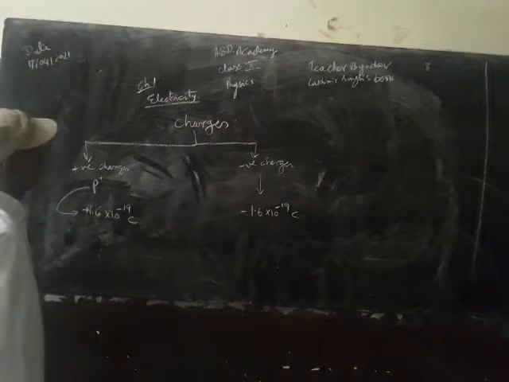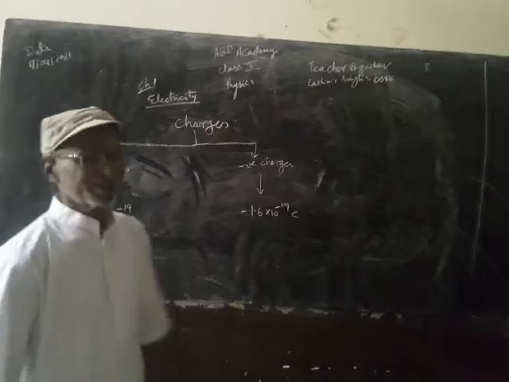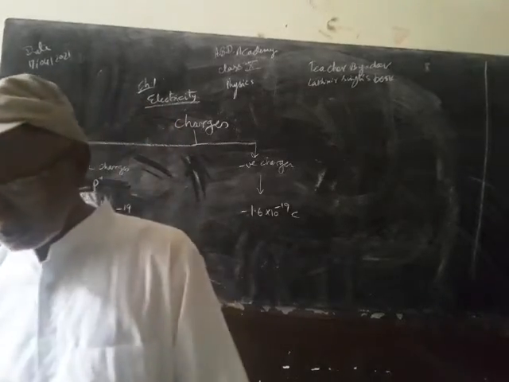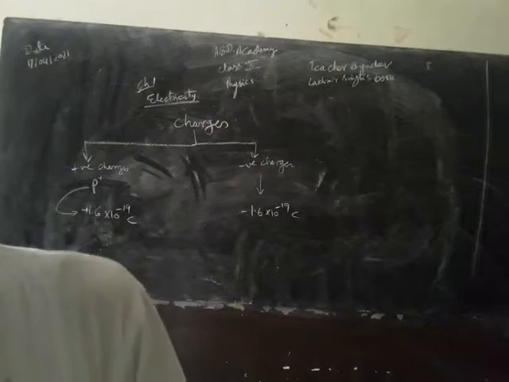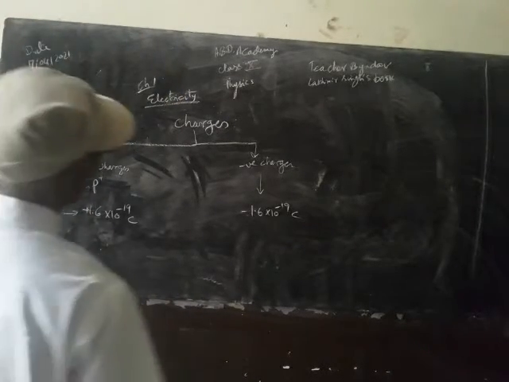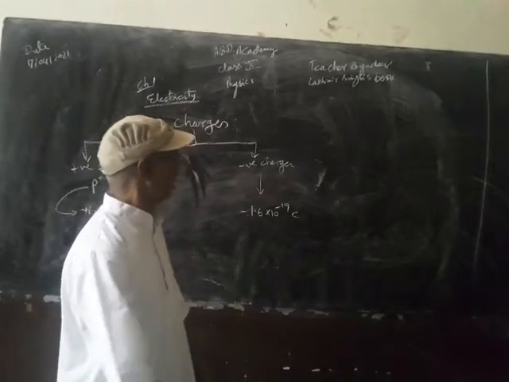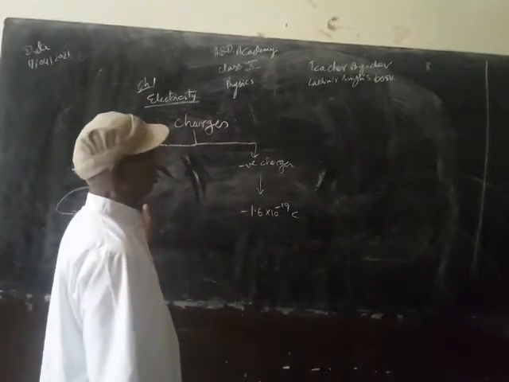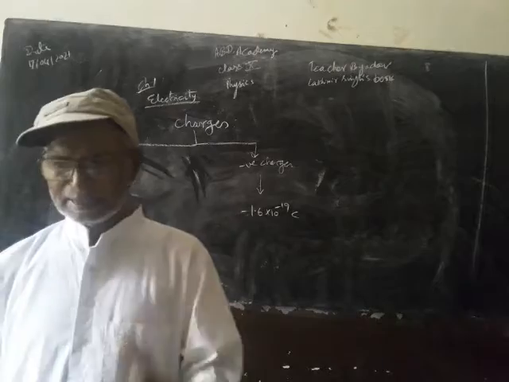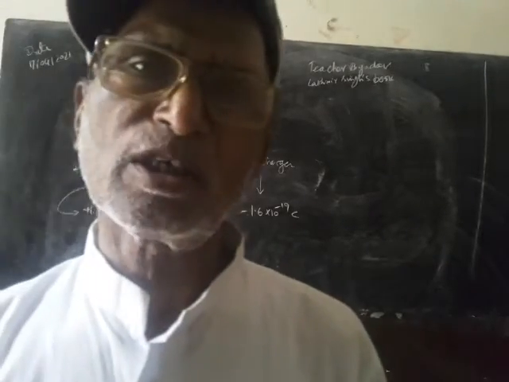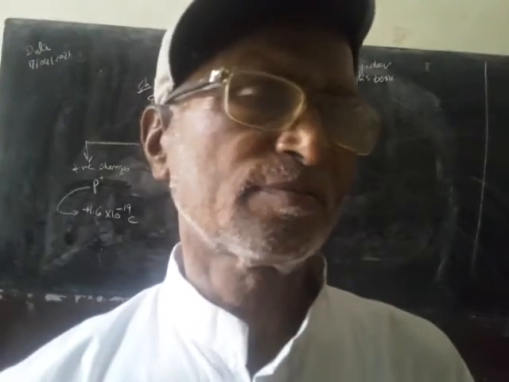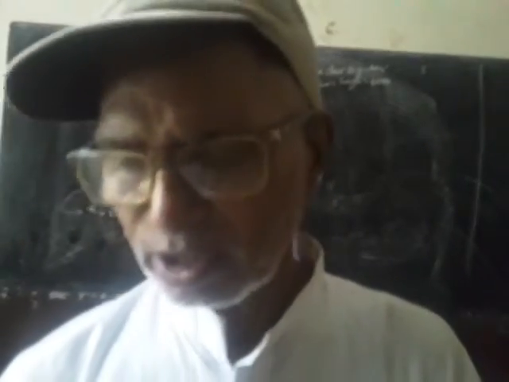So what happens whenever electrons are transferred from one body to the other? The body from which electrons go to the other body becomes positively charged, because in initial state protons and electrons are equal on the bodies if it is in neutral state.